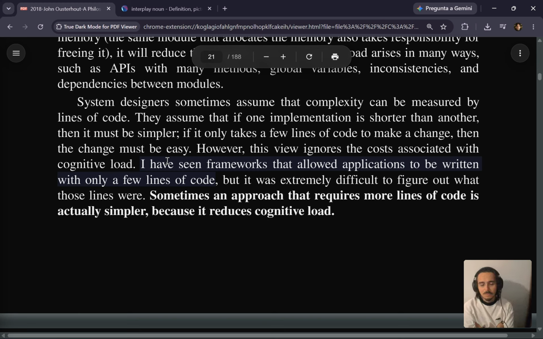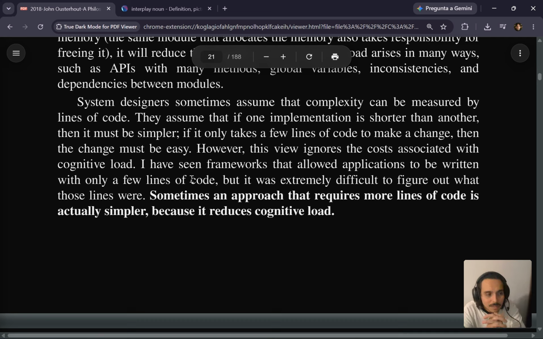Let's suppose we have stuff like that in these few lines of code. Those functions are doing stuff that we don't know. Perhaps they are not leaving anything like memory leaks, but the cognitive load is that they are doing a lot of stuff in very few lines.